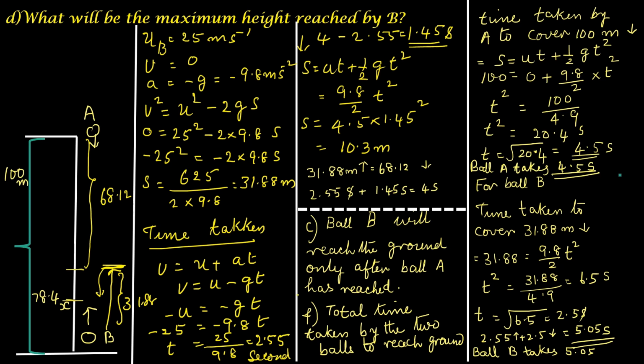So after 78.4 meter, in the next second, ball A will cover a greater distance, whereas ball B will cover less distance. If you have not watched my video on Galileo's law of odd numbers, click the I button to watch that. Then this answer will be more clear for you.